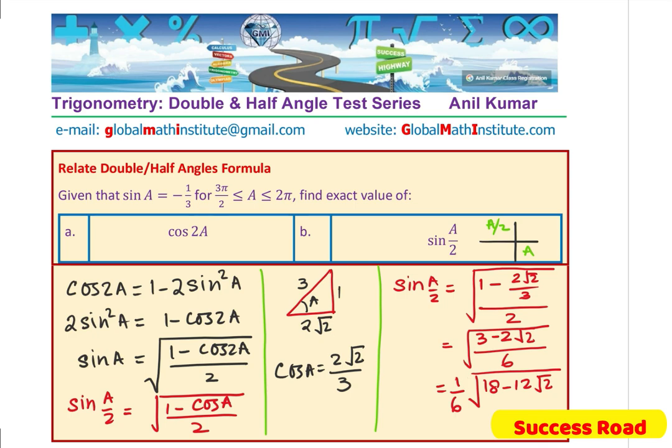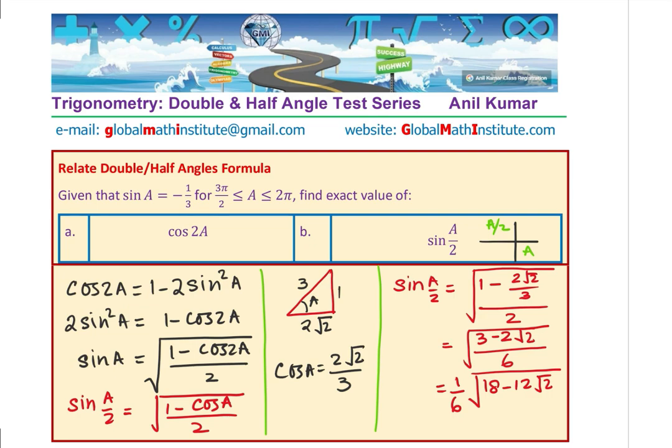Do you see that? That is how we can write down the value of sine A by 2. Perfect. I hope you understand how we have derived it and at the end rationalized to get the exact value in the correct form. That is how we can solve this particular question.